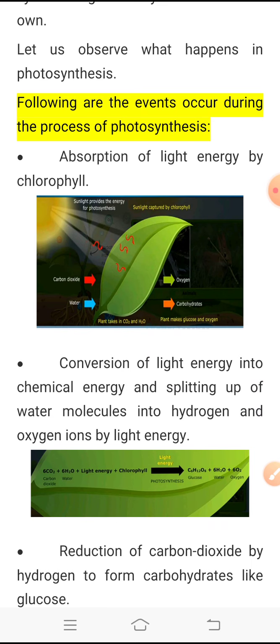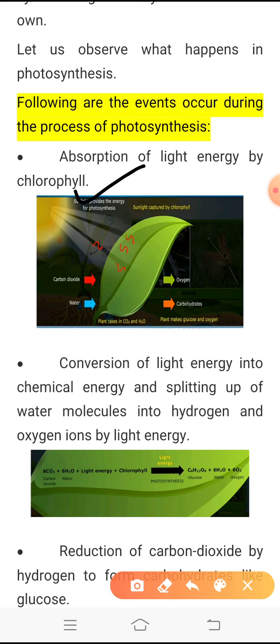You should understand. When the photosynthesis is taking place, absorption of light energy takes place by chlorophyll. Means chlorophyll absorbs light energy from the sun. I will repeat this point.